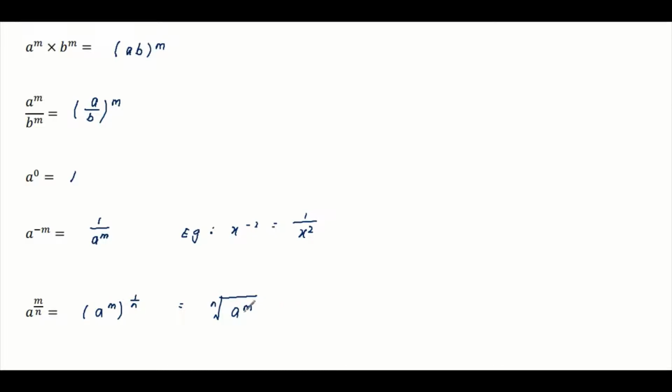For example, if you have x to the power of 3 over 5, when you write it, it will be the fifth root of x cubed. Okay, so these are some laws of exponent that maybe will help you when we try to solve logarithms in the future.